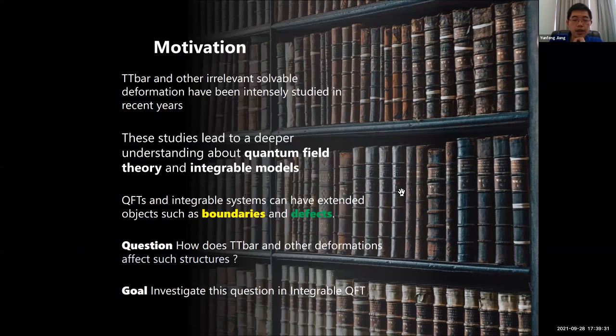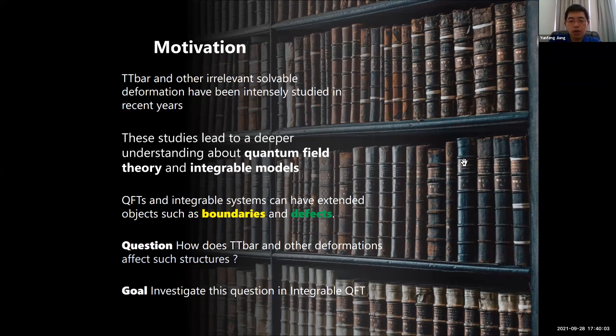On the other hand, we know that both in quantum field theories and in integrable models, there are extended objects like boundaries and defects. These objects are very interesting for several reasons. First of all, in real physical systems, boundaries and defects are everywhere. So it is interesting to study them, in particular for questions like the Kondo problem.